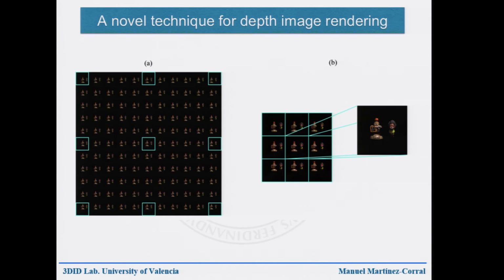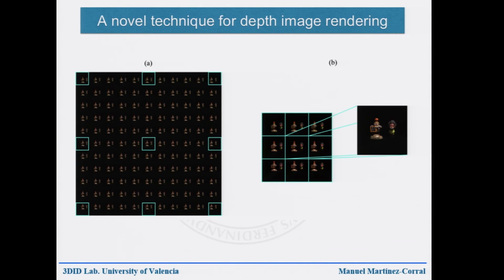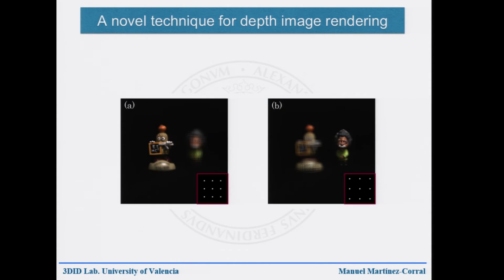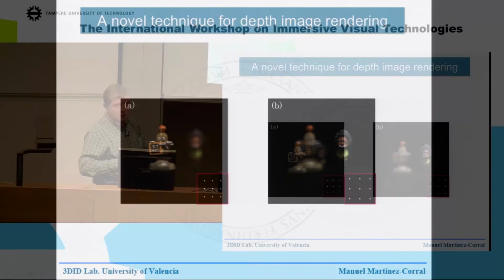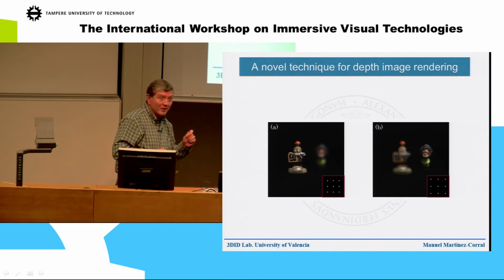Then from a collection of elemental images, we can select 3 by 3 of them, and we can apply a deconvolution algorithm, and depending on the period of the periodic point spread function, we reconstruct in one plane or a different plane. So we don't make reconstruction plus deconvolution. We make simply deconvolution. The deconvolution directly provides the depth rendering.